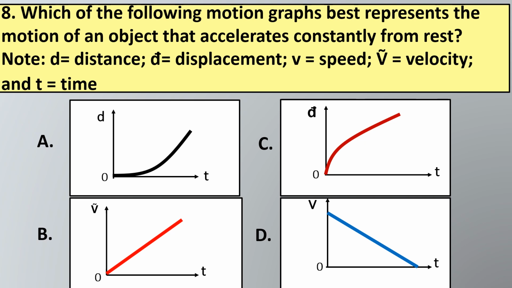It remains constant all throughout the motion. In other words, this is the graph that represents a body that is constantly accelerated and that the body starts from rest. In short, this is our answer to the question. I hope that is clear.